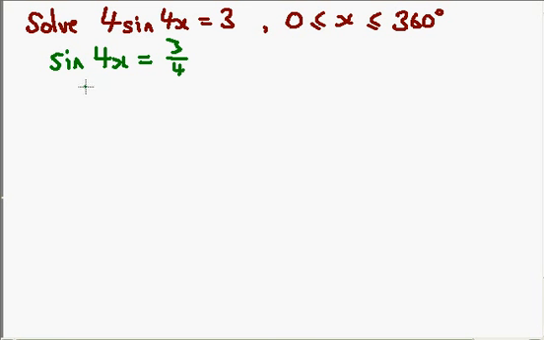So if the sine curve has been squashed inwards, the period is now 1/4 of the length. So the period is now 90 degrees.